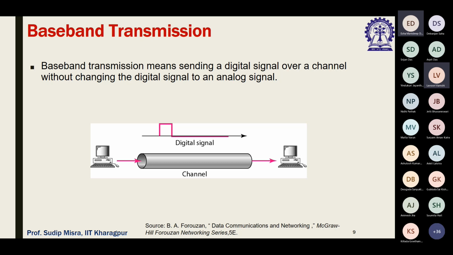This basically happens if we have a dedicated medium with a bandwidth constituting only one channel. So for example, the entire bandwidth of a cable connecting two computers is one channel. This is an example of it.